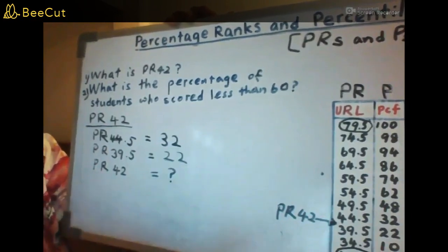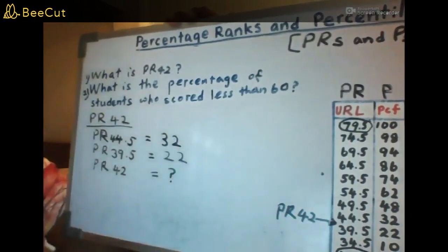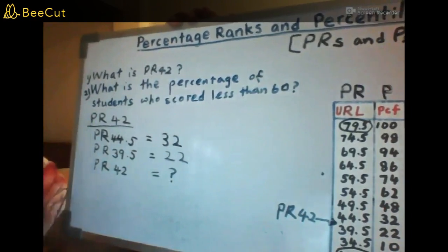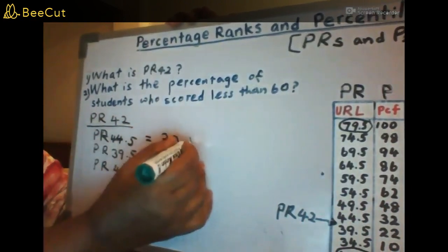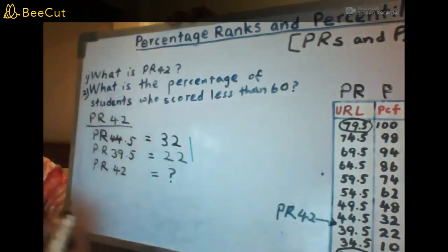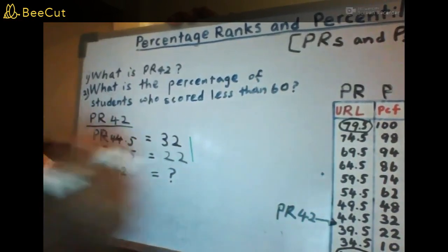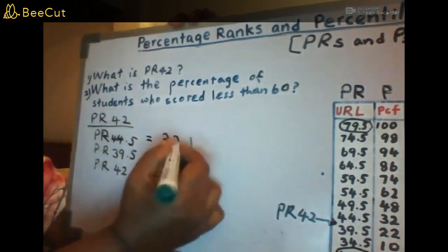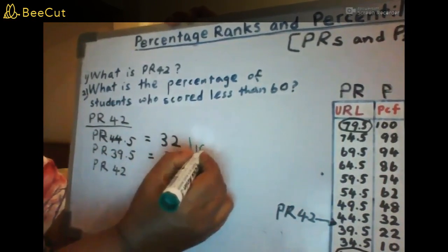Then the next step, find the differences between these values. Now what's the difference between these two, 32 and 22? Here don't worry about the minus or plus. Just get the difference. Here it is 10.